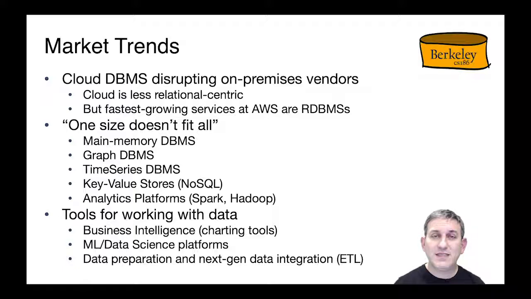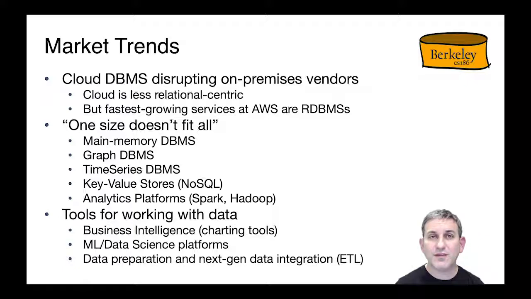The cloud is disrupting the traditional database market in very interesting ways as companies increasingly move their database systems from on-premises deployments at their own sites into public clouds like Amazon Web Services, Microsoft Azure, and Google Cloud Platform. Now, interestingly, the cloud is somewhat less relational-centric than the traditional on-premises.